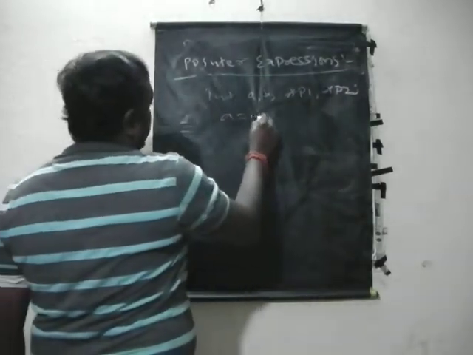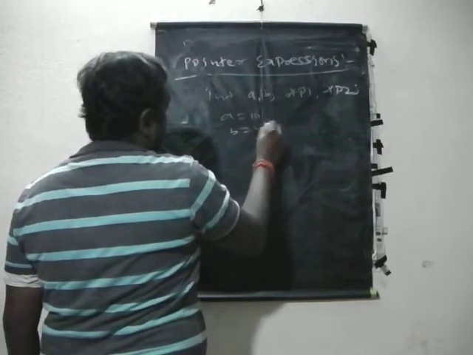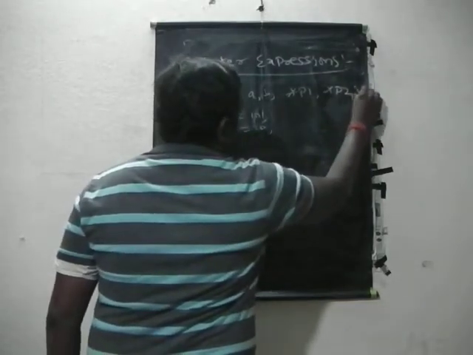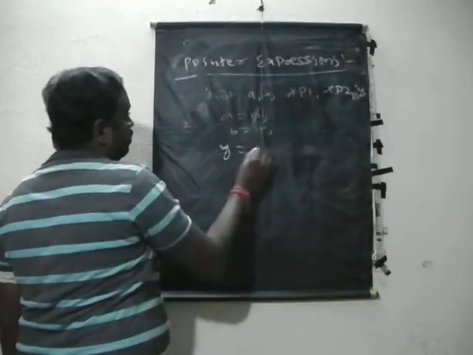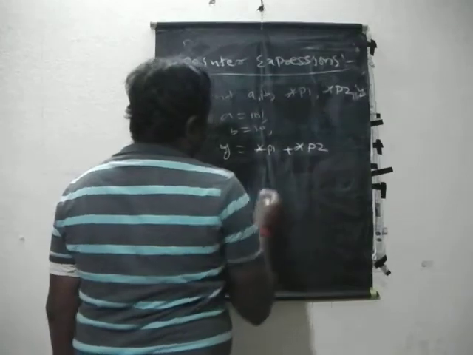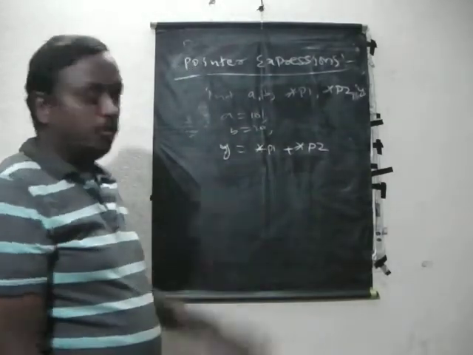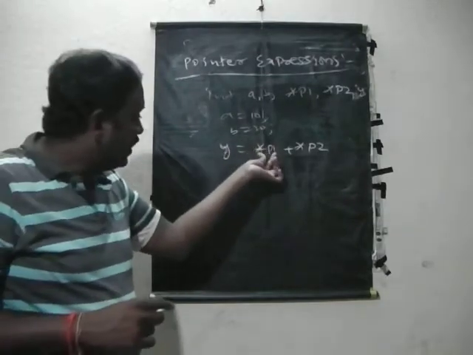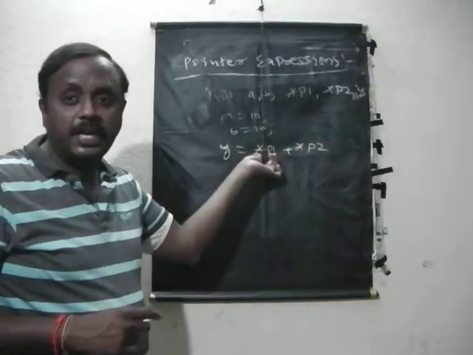So a equal to 10, b equal to 20. Another variable we are taking is y. So y equal to... What is the value of y here? 20, because I already explained it in the previous example. It gives the value of the particular pointer, not the address.